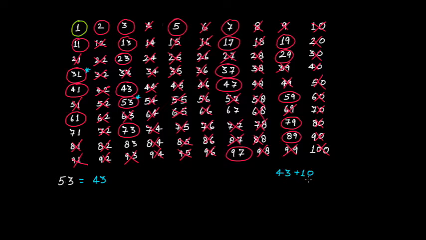But 10 is not an odd number, and it's not a prime number either. But if we write 10 as 7 plus 3, then that's great. 7 is an odd prime number, 3 is an odd prime number, 43 is an odd prime number, and hence it satisfies the condition. So 43 plus 7 plus 3 is equal to 53.